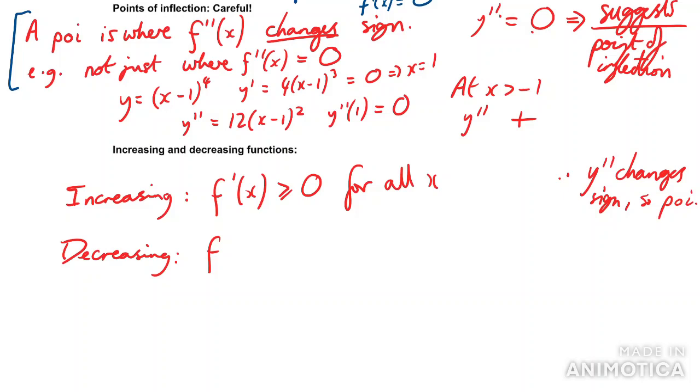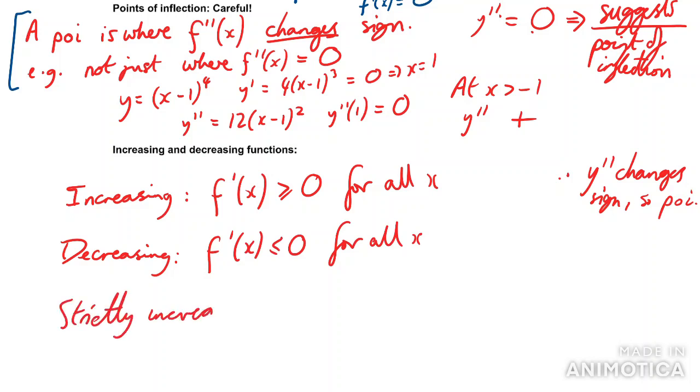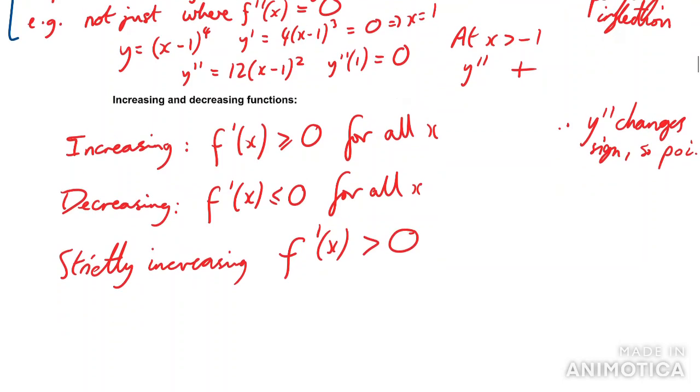E.g., it's increasing if it's got a positive or equal to 0 gradient for all x. Decreasing, unsurprisingly, is less than or equal to 0 for all x. And then you can put strictly increasing or decreasing, which is just with a strict inequality, not an equal sign, so greater than 0.